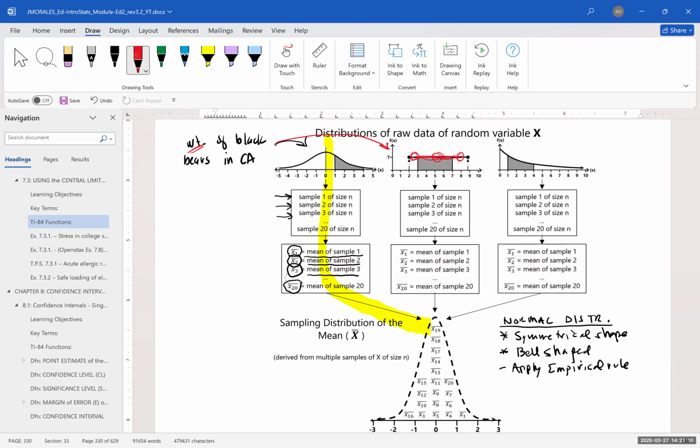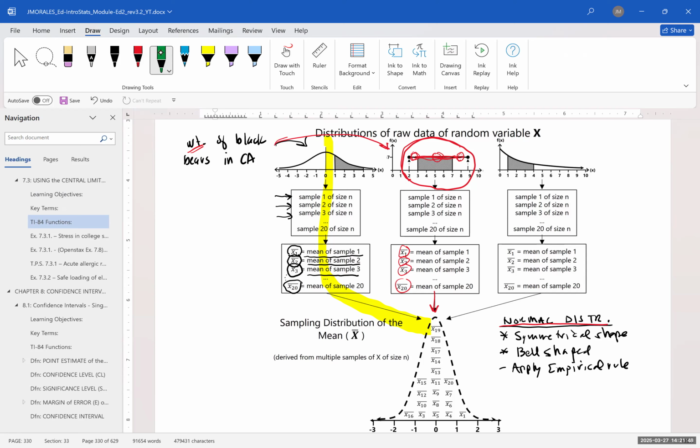It was uniform. And if we had gone through the state of California and collected samples, taken the mean of each sample, and then graphed it, that too would have given us a normal distribution of averages, a normal distribution of means, even though the population distribution was uniform. The shape of the distribution of means would have been normal.